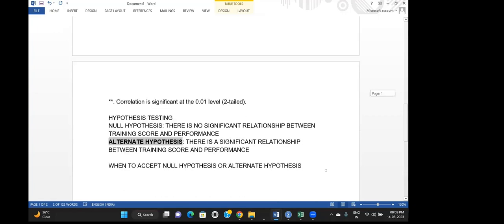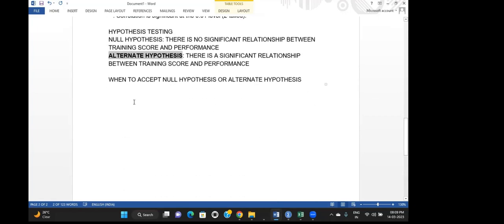So if the p value is less than 0.05, we accept the alternate hypothesis, and if the reverse is true, we accept the null hypothesis.